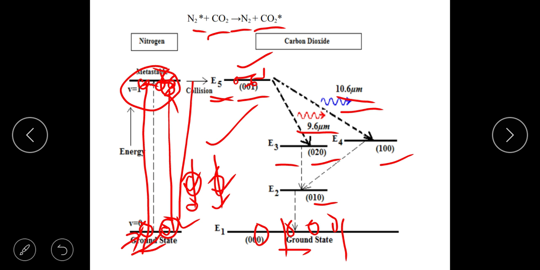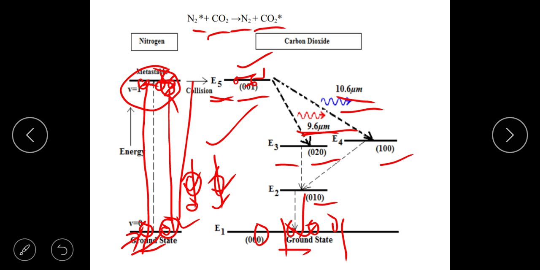The depopulation of E2 takes place through the collision with helium or water molecule. Remember, we had also mixed helium and water molecule. So from here to here, the depopulation occurs. Once again, CO2 is in the ground state. Once again, the same process happens, and this is how a CO2 laser is produced.